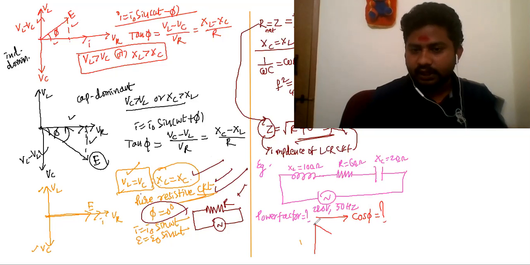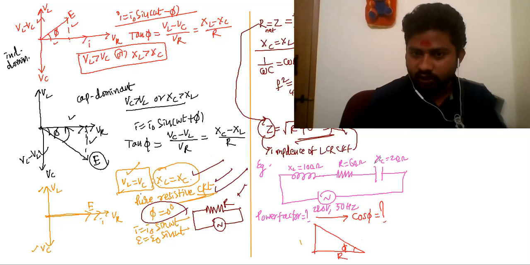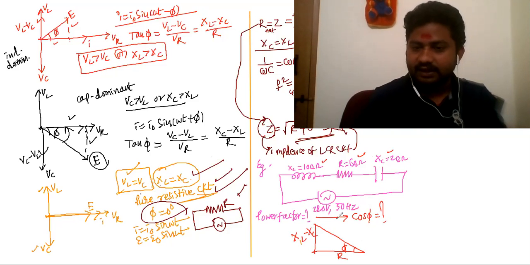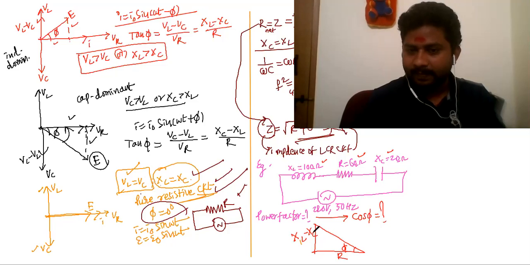Draw the impedance triangle. If the angle is phi, this side is R, the resistance, and the opposite side is XL minus XC. Understand? XL minus XC.